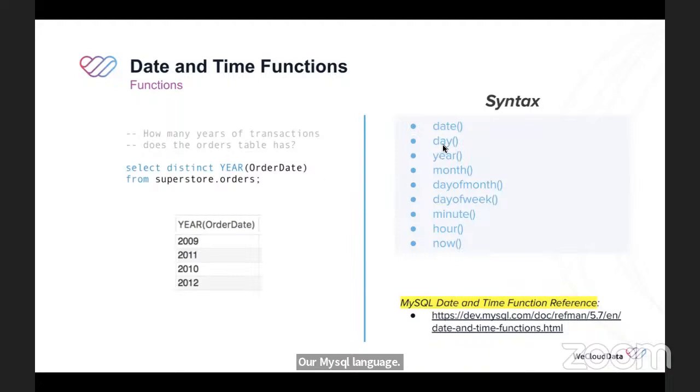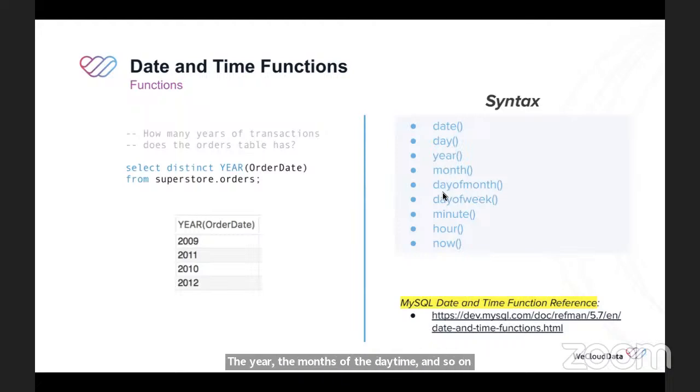Now, the day, year, and month functions are pretty self-explanatory. They just give you the parts of our datetime string: the day of the datetime, the year, the month of the datetime, and so on.